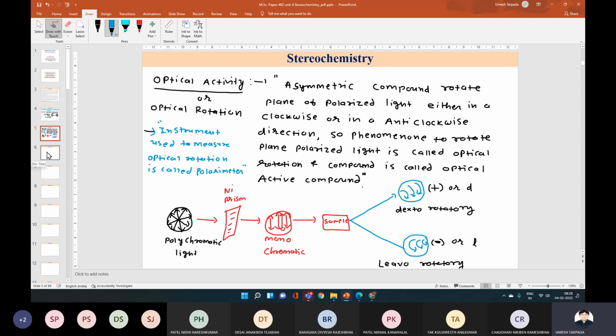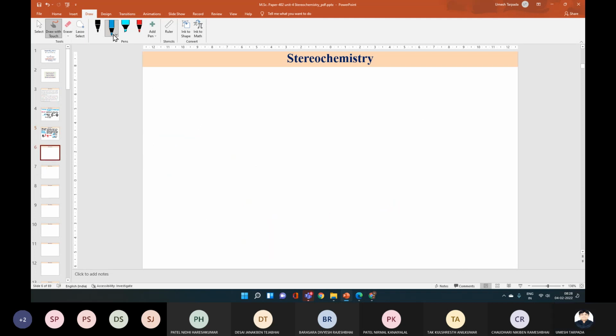But what is the requirement of optical rotation or optical activity? In order to get optical activity, the very important requirement is a molecule in which sigma, SN and I symmetry elements are absent.